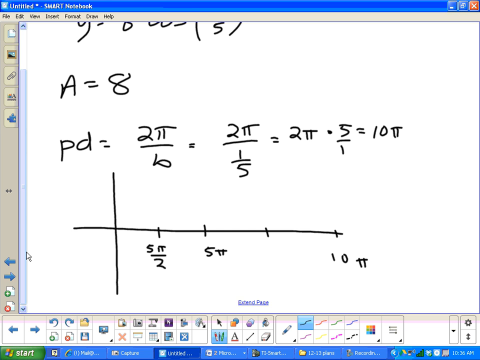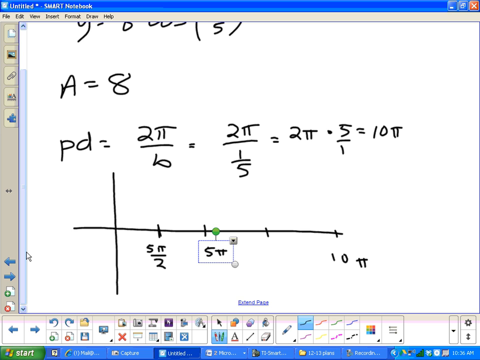Now, you're going to have to watch it really close right here. Y'all look at me, because this is where people get lost a little bit. Every unit is 5 pi over 2. So this is 5 pi over 2. Now this one, you wouldn't say 6 pi over 2. If this one's 5 pi over 2, then this one's going to be 10 pi over 2, which is 5 pi.